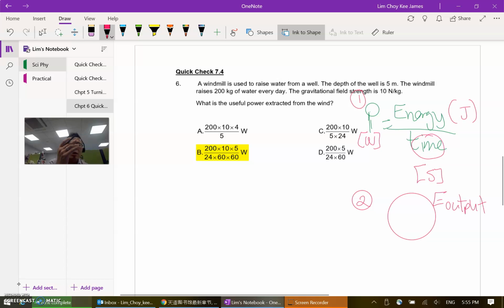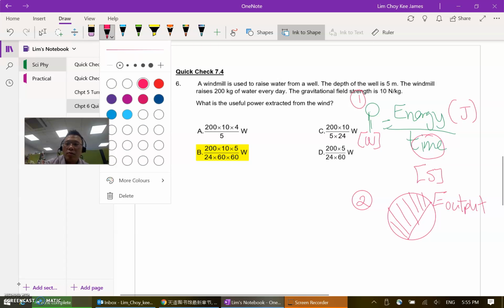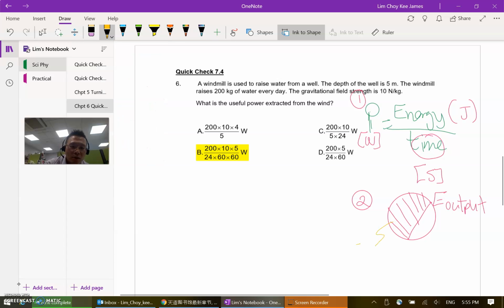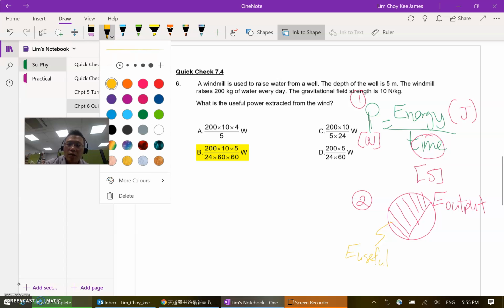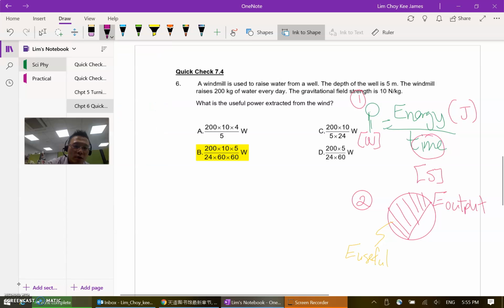Sometimes among this output energy, at least a portion of it is what we classify as useful energy. So in this perspective, this would be useful energy. And the remaining portion here that we are looking out for will be what we call energy loss.